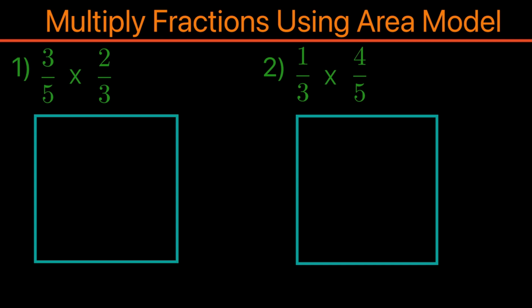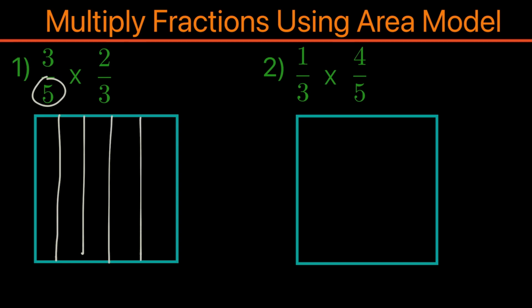So the first example, 3/5 times 2/3. We'll first look at the first fraction, 3/5. The denominator is 5, which means that we're going to separate 5 sections horizontally. So that's 1, 2, 3, 4.